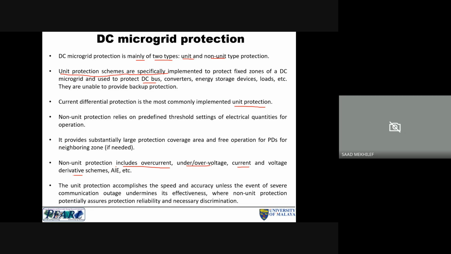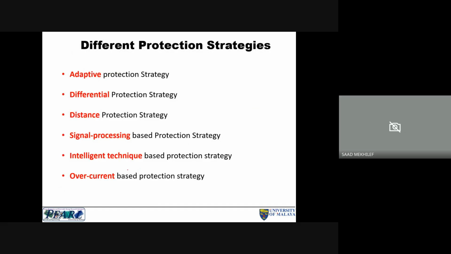And there are a few strategies that we use in microgrid protection. One is adaptive protection, which tries to adapt to the fault.